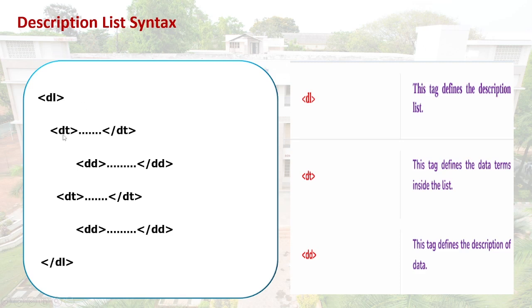Inside the DL we mention DT, which is for data terms, and the description about this data term must be placed inside the DD tag. DD is nothing but description of data. Therefore the description list is used to describe the data terms.